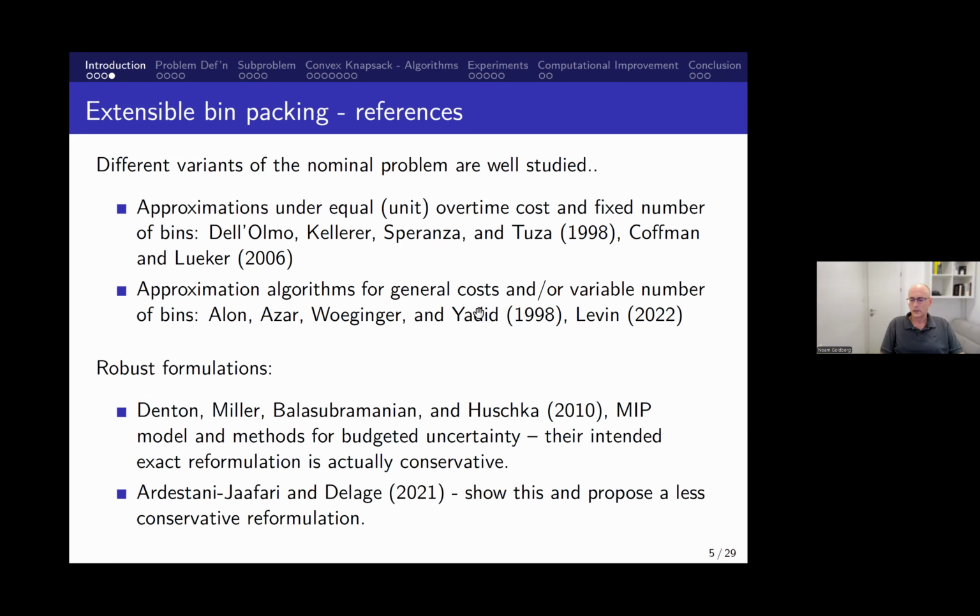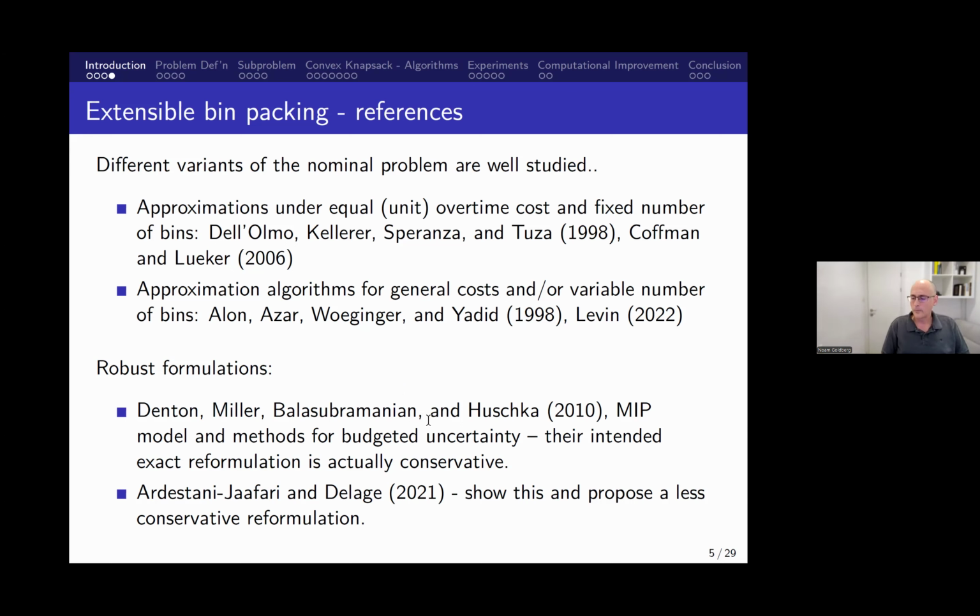And the robust formulation of the problem, probably closest to the one we consider here, was studied by Denton et al. in 2010, an Operations Research paper. They consider two different models to handle uncertainty, one being based on budgeted uncertainty.